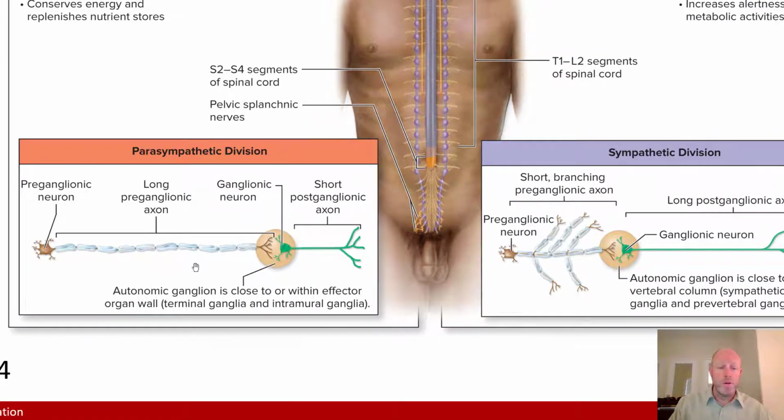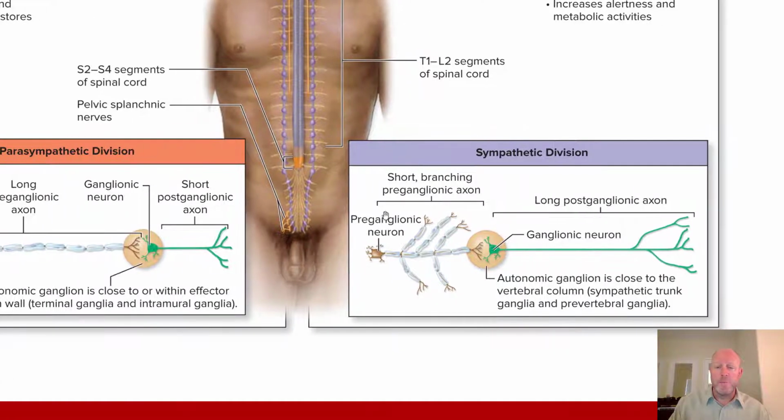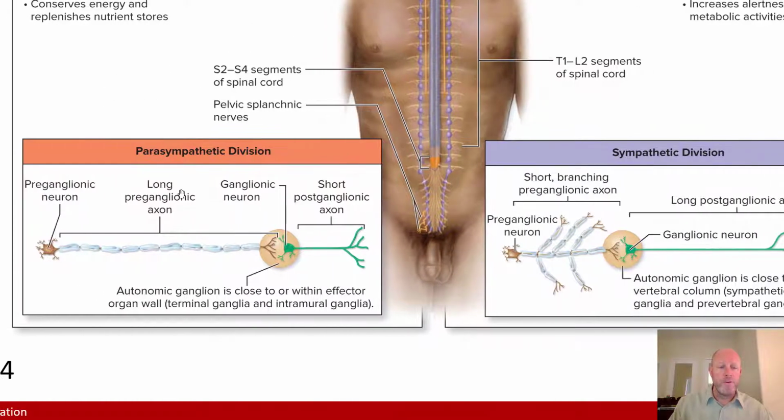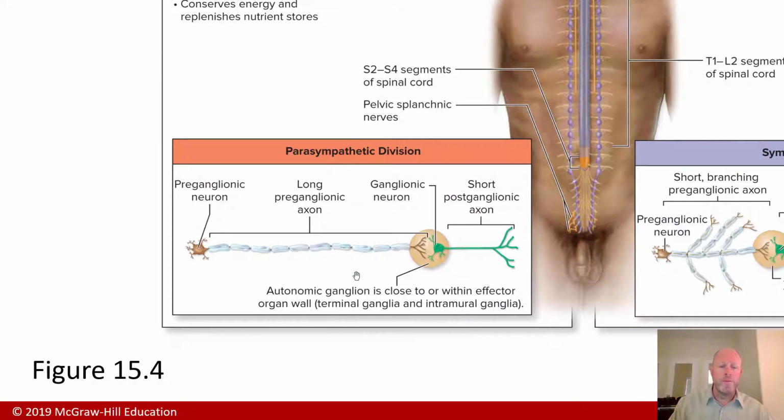Now, you will need to know these little visuals here for the parasympathetic division ganglion and the sympathetic division; you might see a diagram or two in that regard. For the parasympathetic, we have the preganglionic neuron here, the long preganglionic axon, the ganglionic neuron, and a short ganglionic axon here.